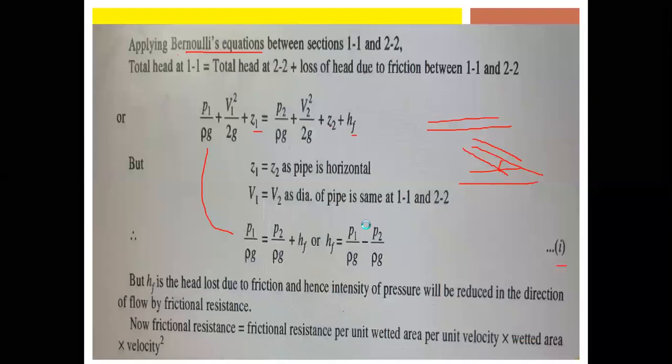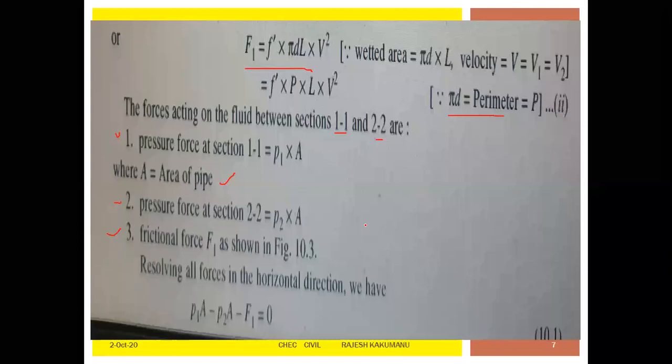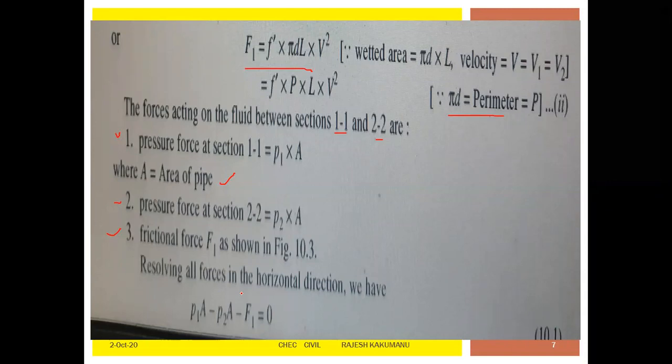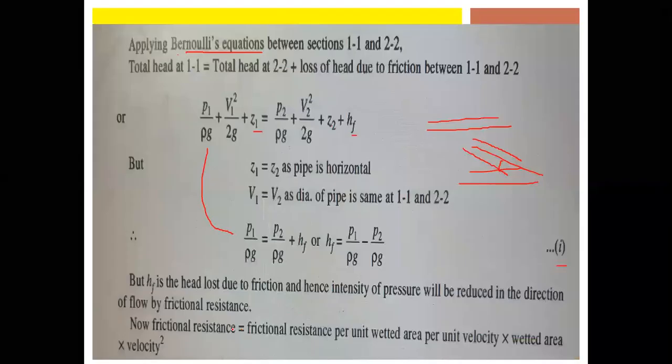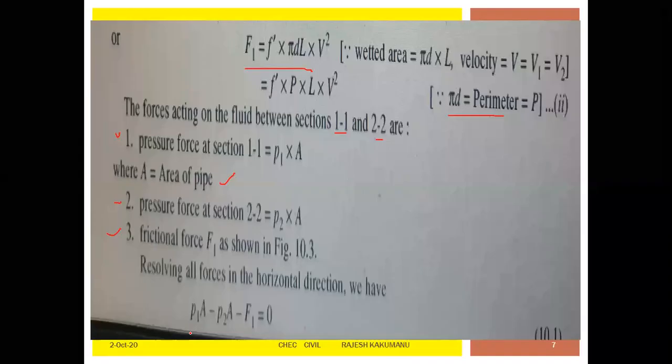Next, resolving all the forces in the horizontal direction, we have the force at section 1-1 minus the force at section 2-2 minus F1 is equal to 0. So p1 into A minus p2 into A minus the friction loss is equal to 0.